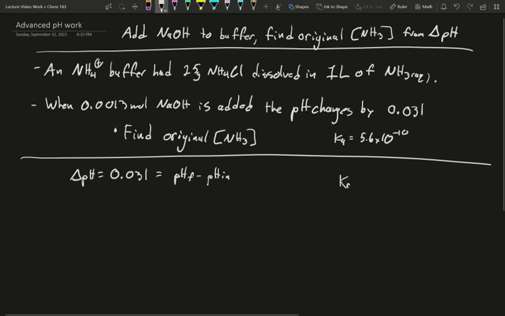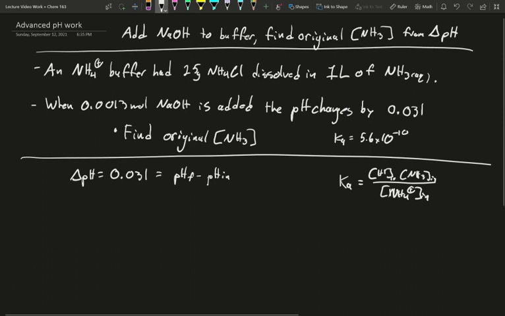You could do the Ka is equal to the H plus initial, the ammonia initial, all over the ammonium initial. And you could do that for the final concentrations. And then you could take the negative log of that H plus that you calculate out, and you could solve your pH.